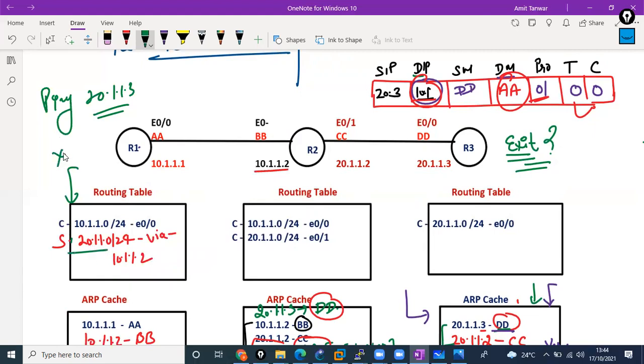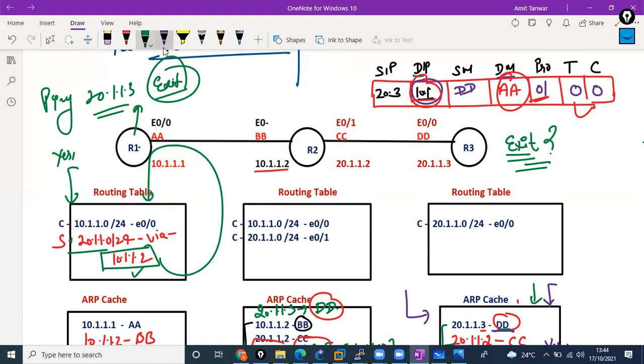The answer is yes. The question is how to reach via 10.1.1.2. So do you have reachability with the 10 network, or where is my exit interface? As a router, we need an exit interface, so where is it? Let me do one more lookup.